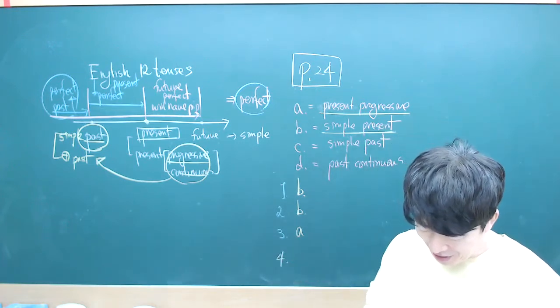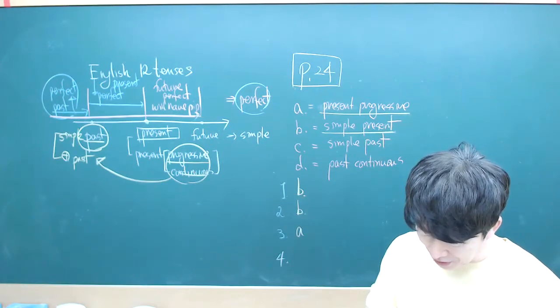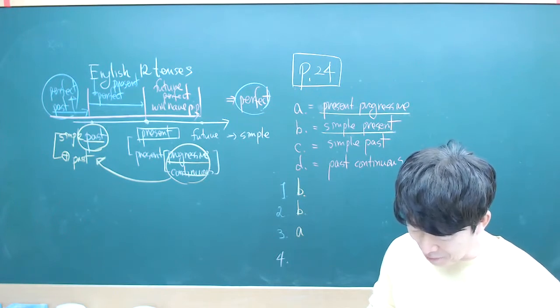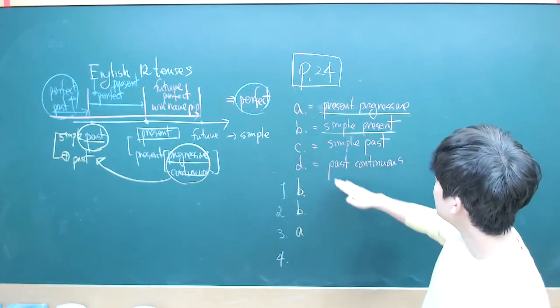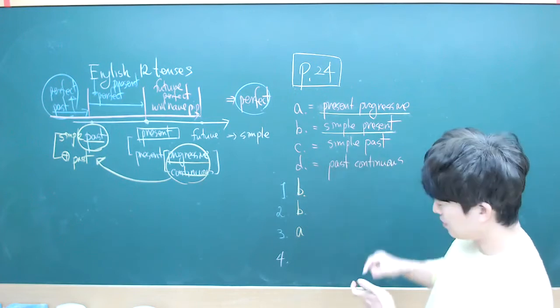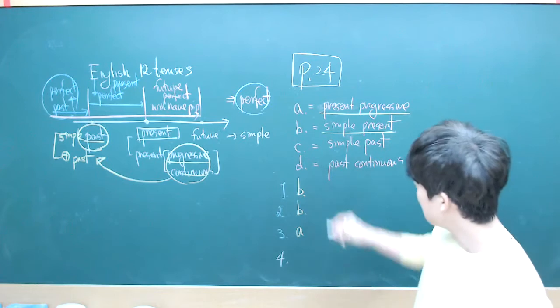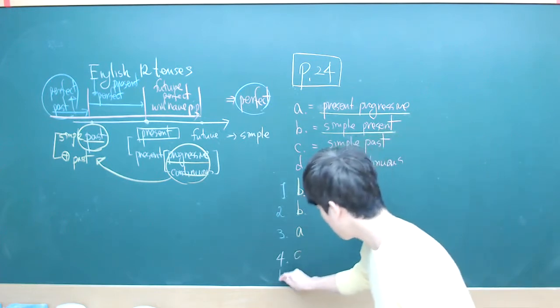She came to work on time this morning. On time, punctual. Came is italicized. It happened. Simple past, right? Began and ended in the past. Simple past. Question 5.